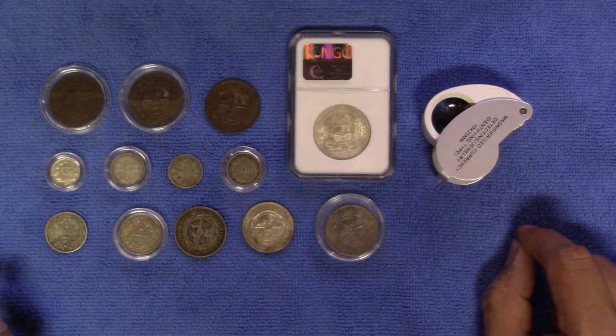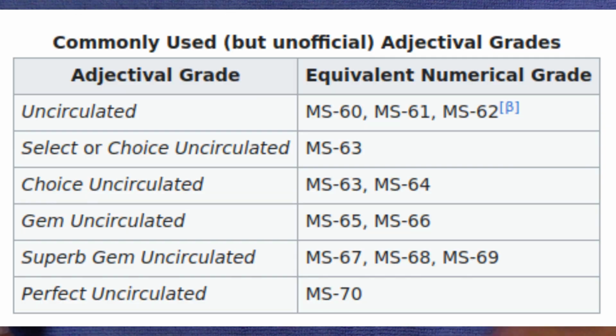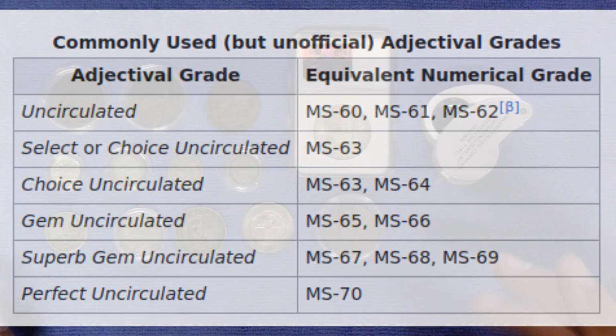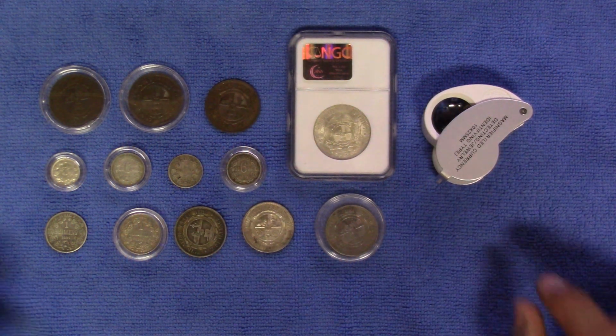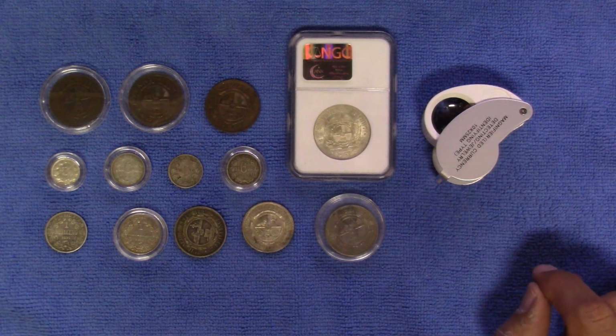On this scale, coins from MS60 to MS70 are considered mint state. An UNC or uncirculated coin always refers to a raw coin, while MS or mint state refers to its graded counterpart.